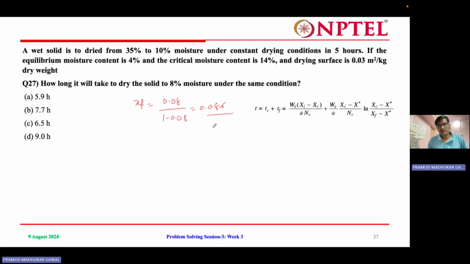So we will get the time required to reach 8% moisture.